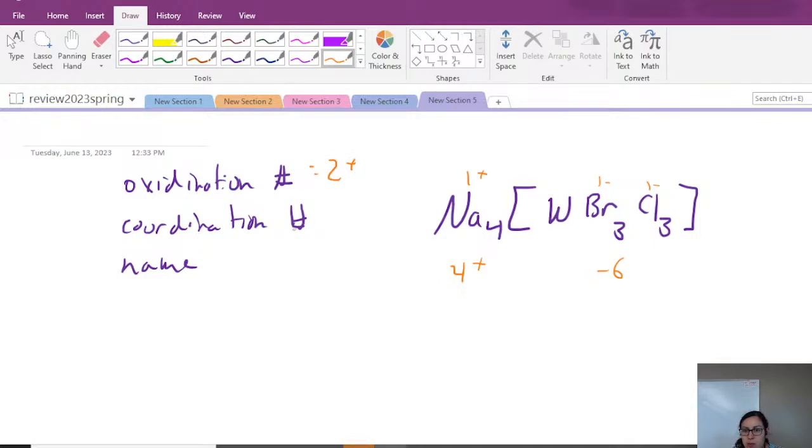And then what about the coordination number? So 6. And so that just goes back to how it's bracketed. So bracketed with our bromines and chlorines in the bracket. And so now how do we name it?